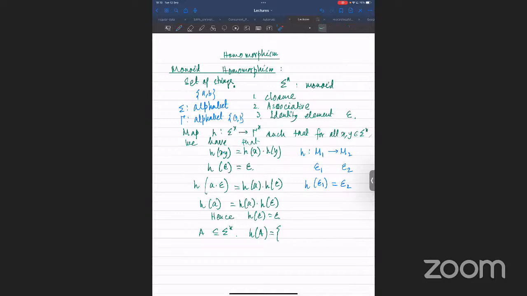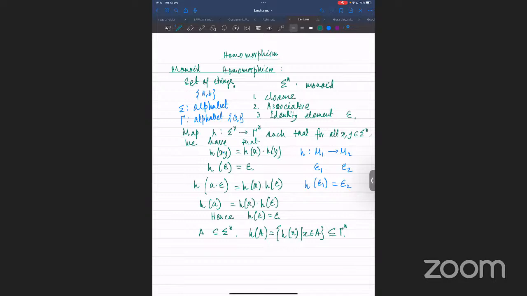We have a mapping from a string in sigma star to a string in gamma star, and here we are extending it from a set to a set. So h of A equals h of x such that x belongs to A, and this is a subset of gamma star.